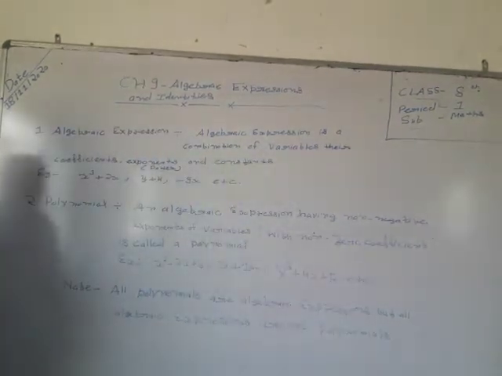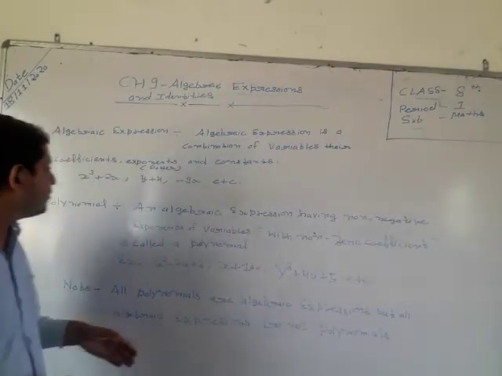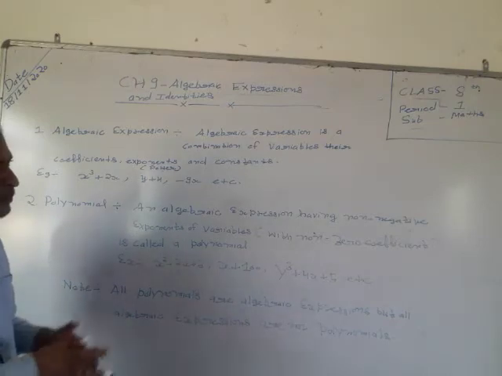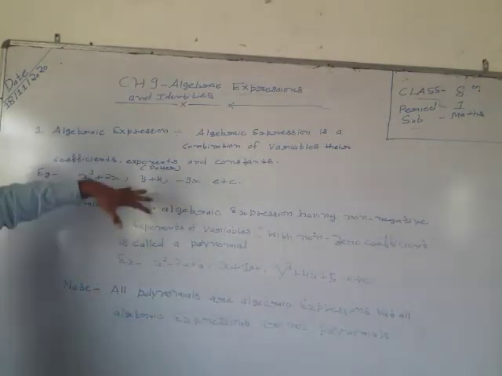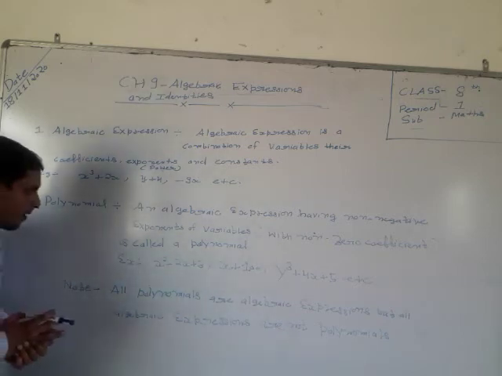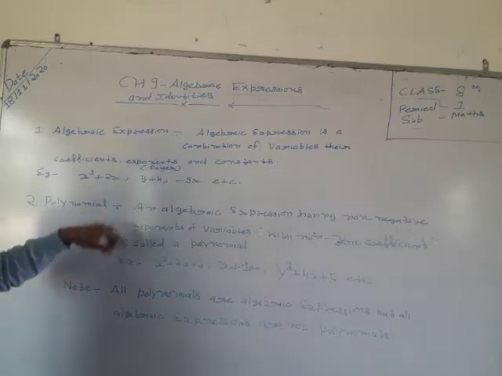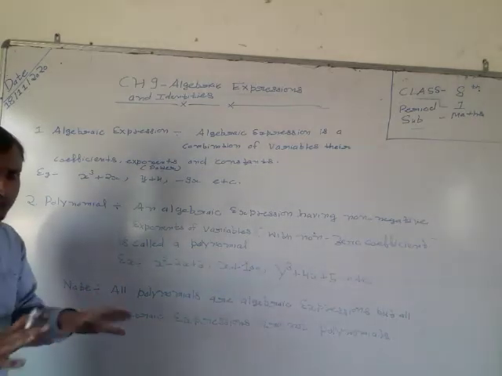Now I have written some examples of algebraic expressions: x cubed plus 2x, y plus 4, minus 9x, etc. In the first one the variable is x and there is no constant.